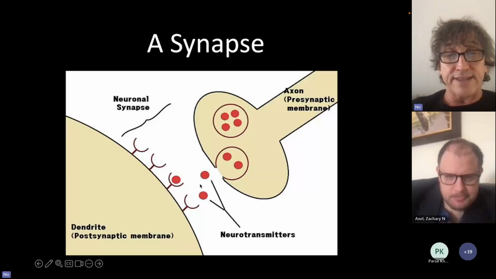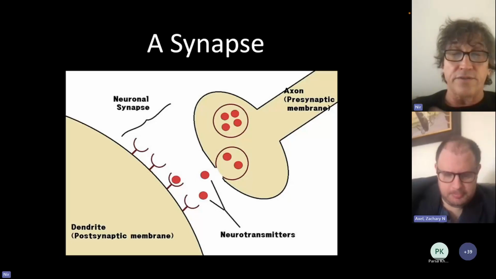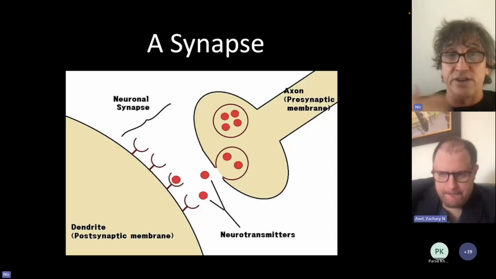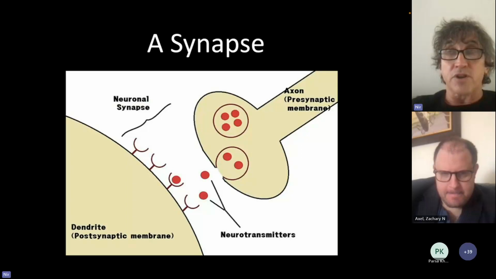They release neurotransmitter that is very quickly absorbed by receptors on the dendritic side of another neuron, and that chemical transfer is a signal that causes the next neuron to develop an electrical current and send a message to the next one. So this is what a synapse looks like.